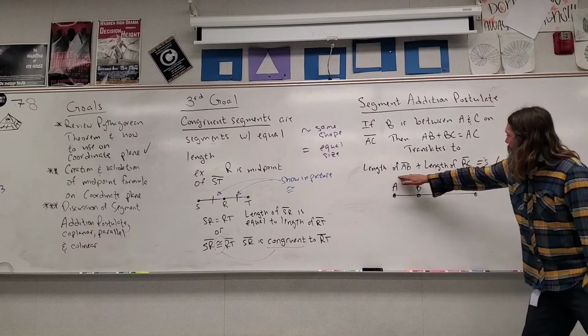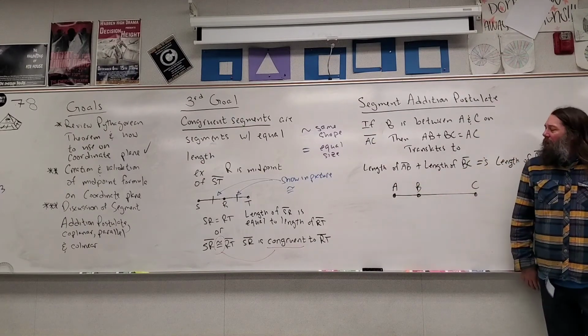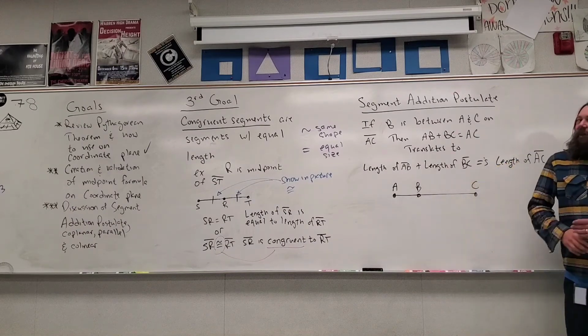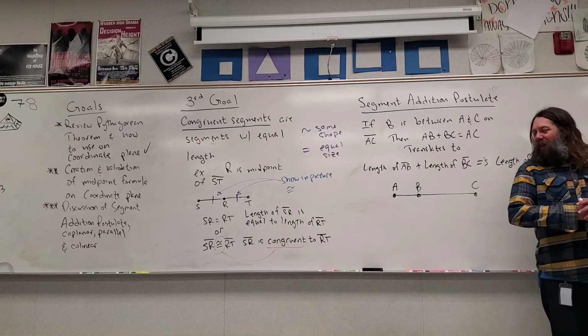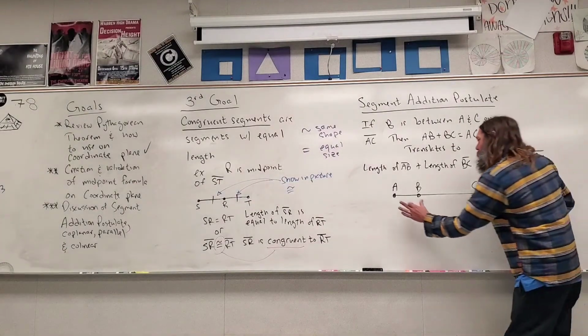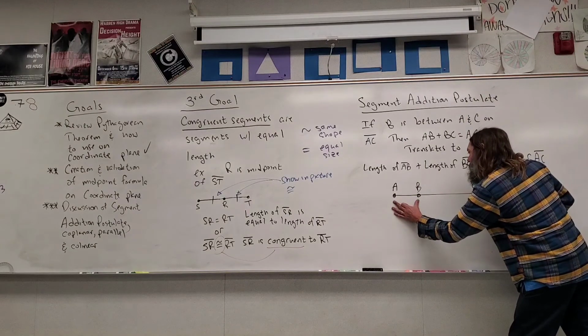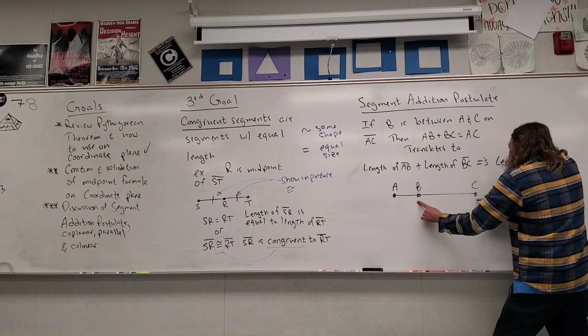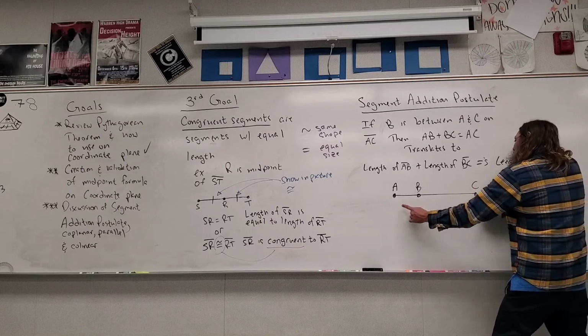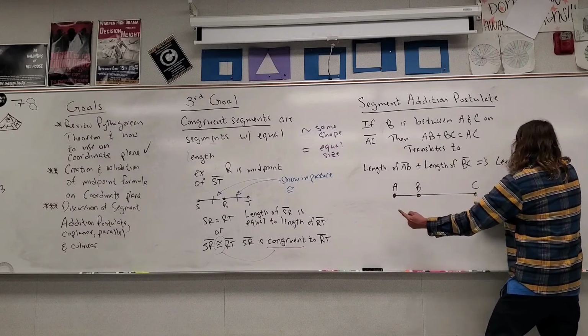I wrote it out as a sentence. You're probably going to just say AB plus BC equals AC, but you're missing out on what it actually means. The length from point A to point B, or segment AB, plus the length from point B to C, or the length of segment BC, add up together to be the length of segment AC.